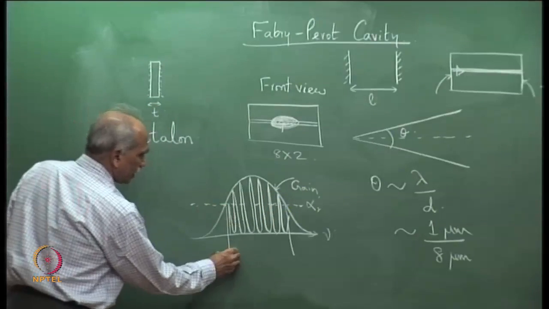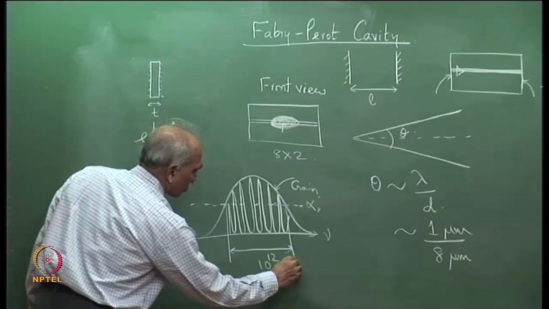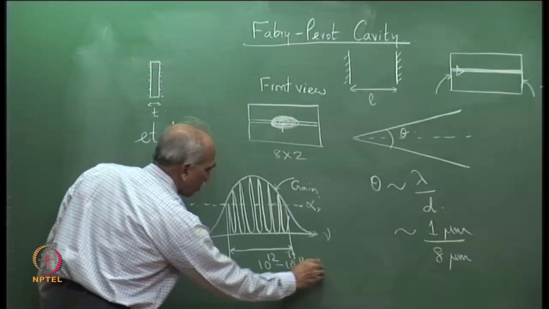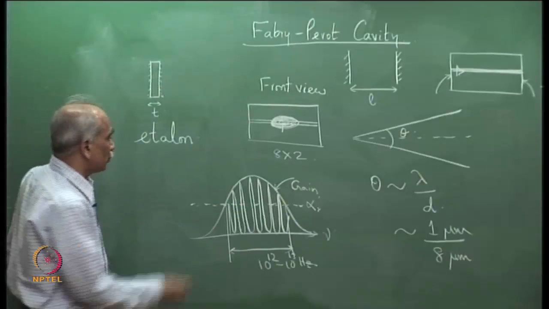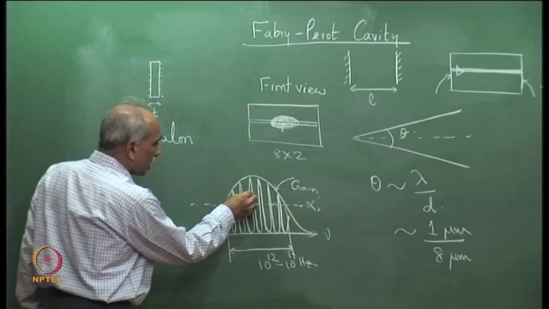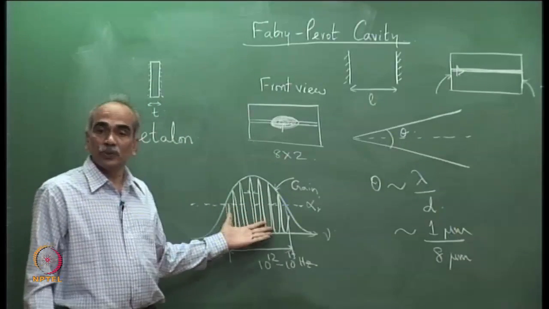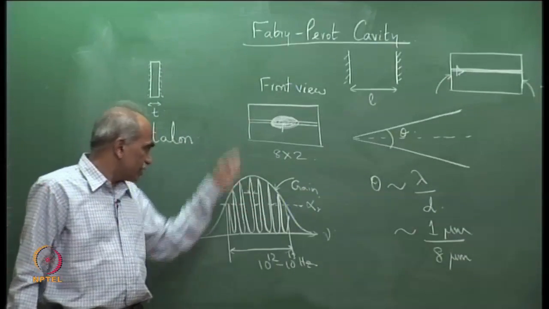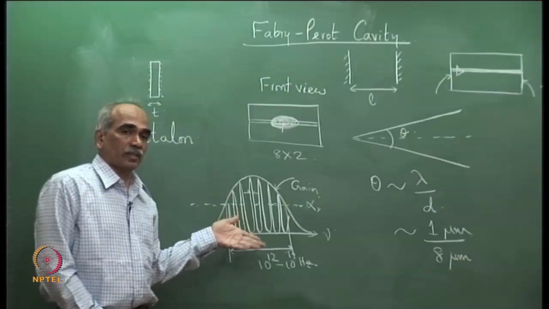So, this bandwidth here is 10 to the power of 12 to 10 to the power of 13 hertz. What if I make the laser oscillate in a single longitudinal mode? The width will be like this. The output of multi-longitudinal modes and a single longitudinal mode can be observed on an optical spectrum analyzer.